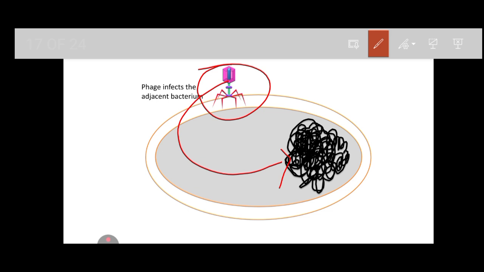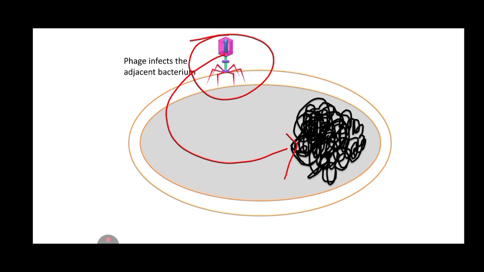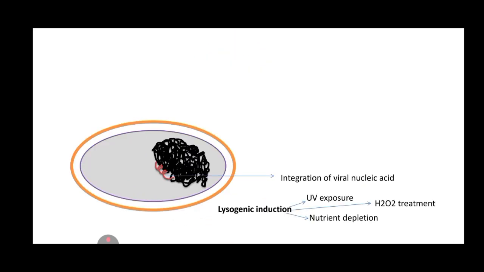And this entire process is called generalized transduction, because whatever piece of fragment may be accommodated by the virus head during the time of release and assembly process is transferred.